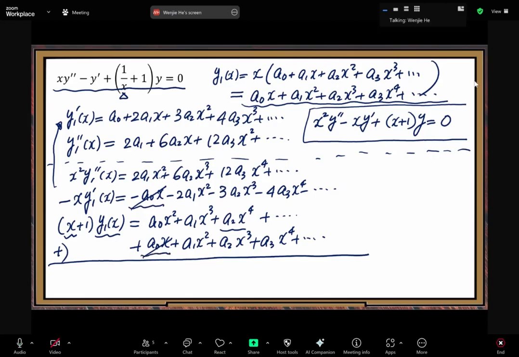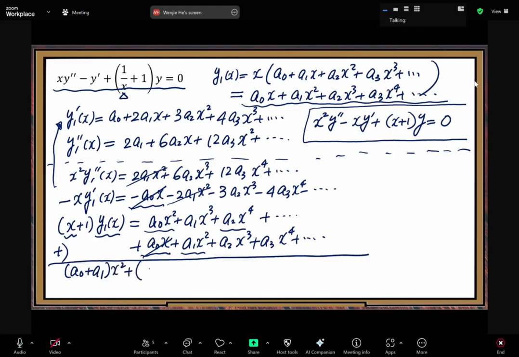Then the x squared term, 2a1 cancels out, right? So for the square term, only these two are left: a0 plus a1 x squared.